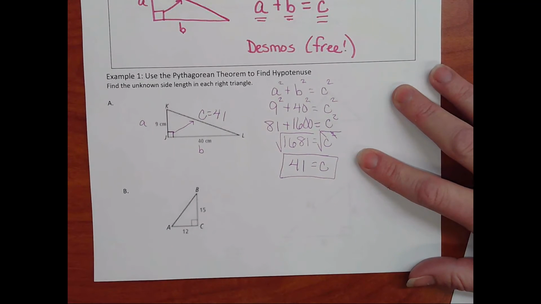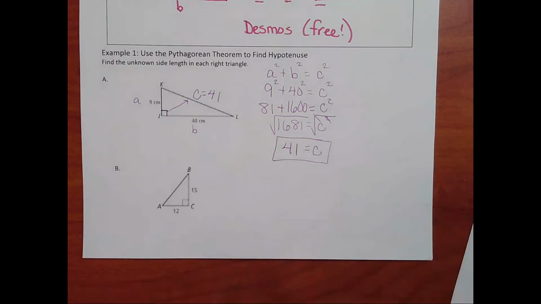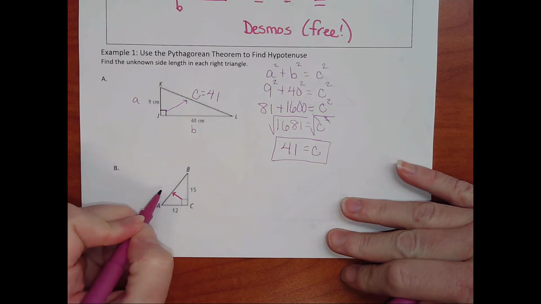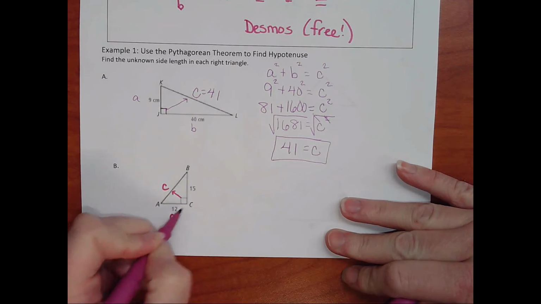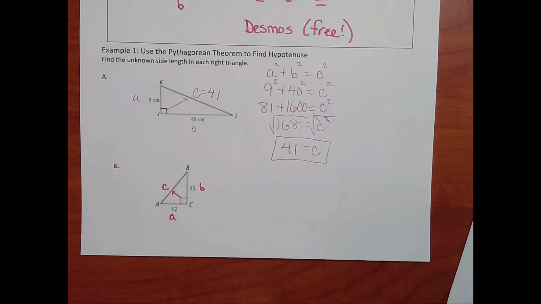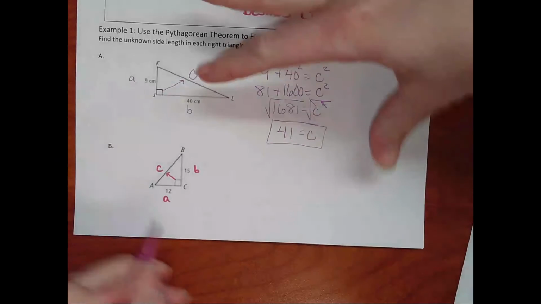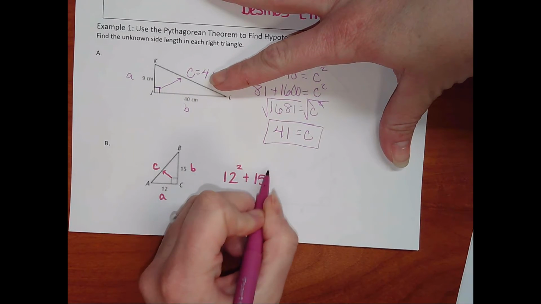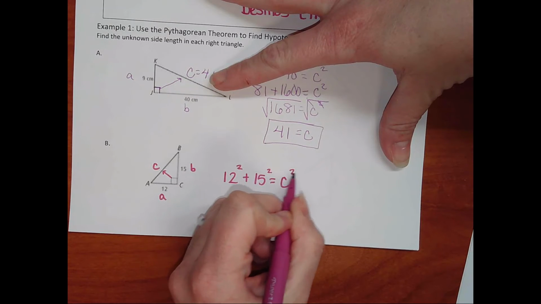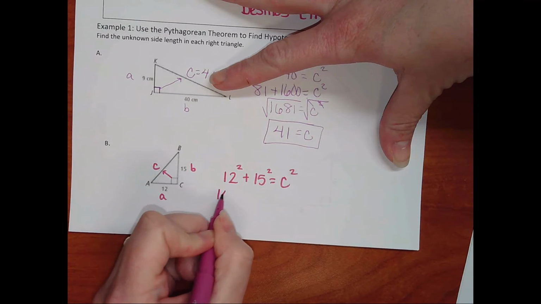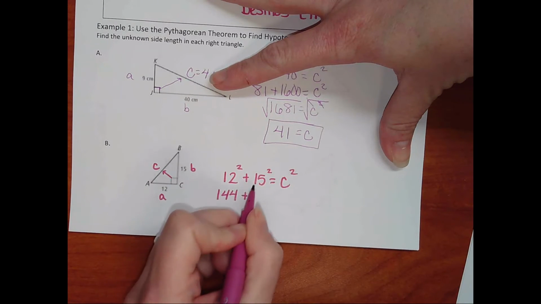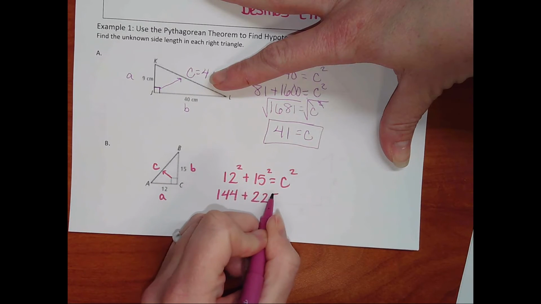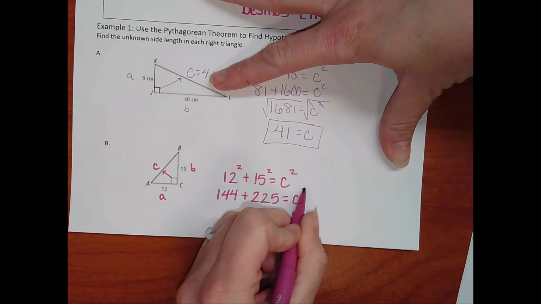And that's it. Let's take a look at another one. Again, across from the 90-degree angle, that's C. It doesn't matter which one's A and B. So I plug into the Pythagorean theorem. 12 squared plus 15 squared equals C squared. 12 squared is 144 plus 15 squared is 225 equals C squared.